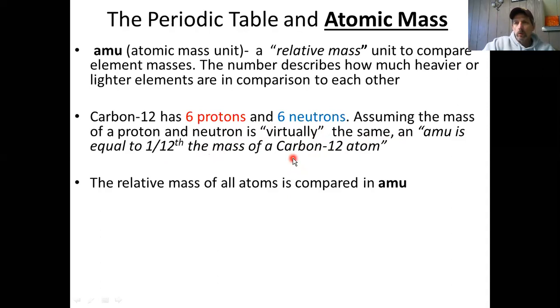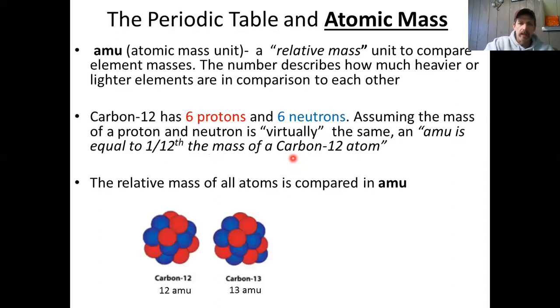Okay, so we're in agreement. It's a relative mass on the periodic table, relative mass for atomic mass. So in nature, the stable forms of carbon that exist, carbon-12 and carbon-13, would be our 2 forms. If we look on the periodic table, it shows that carbon has an atomic mass of 12.01 grams.